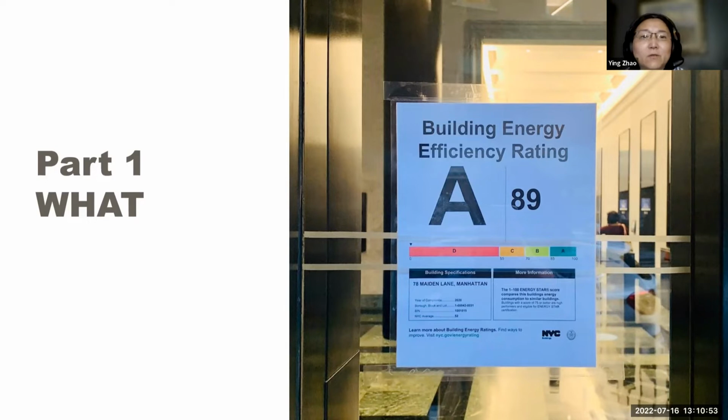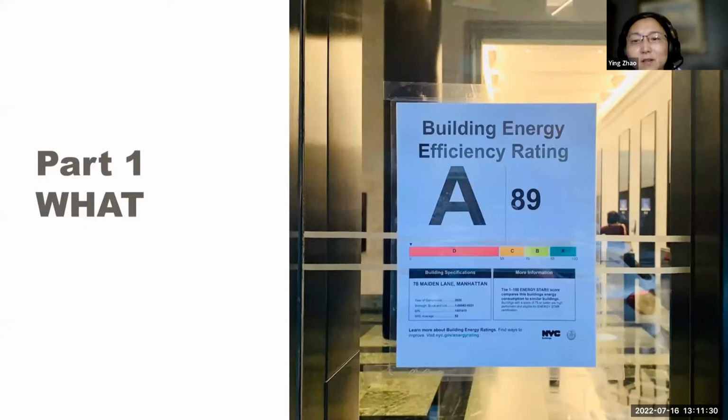So for example, the photo I put in these slides is an energy efficient rating of a building. This is an example from the United States, like New York City, where they require building owners to post their rating level at the entrance, for example at the door of their building, to show the energy efficiency rating.